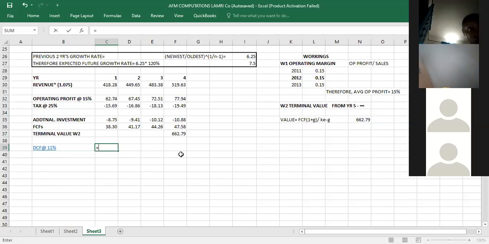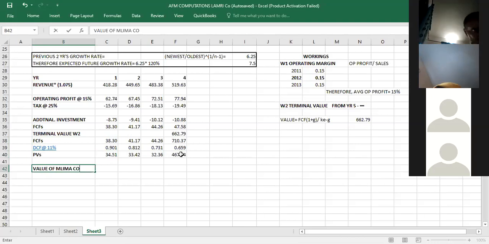It will be equal to 1.11 raised to the power minus, and instead of using the 1 directly, I can just pick that year figure so that I can drag it for all the years and it will just work. So therefore, my figure is 568.23.